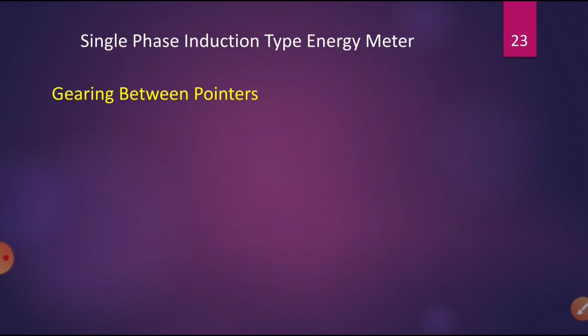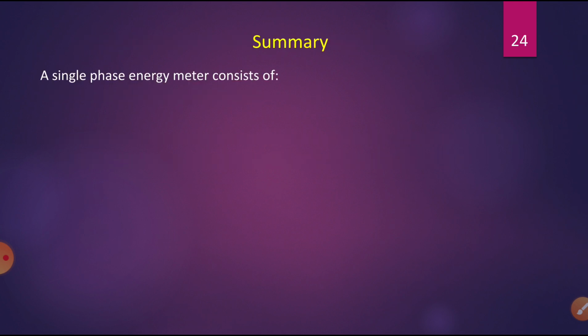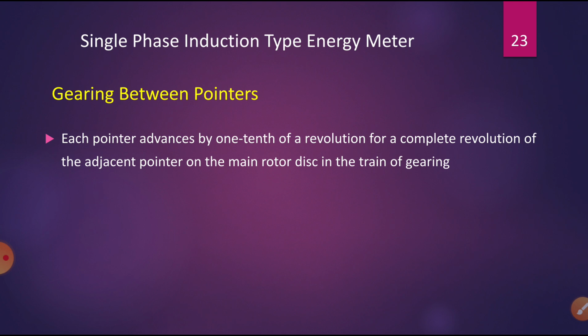Now the gearing between the pointers: each pointer advances by 1/10 of a revolution for a complete revolution of the adjacent pointer in the train of gearing system. So dear students, don't bother about the mechanical arrangement. These are some important systems present inside the energy meter. How it will operate, we will see in the next class.